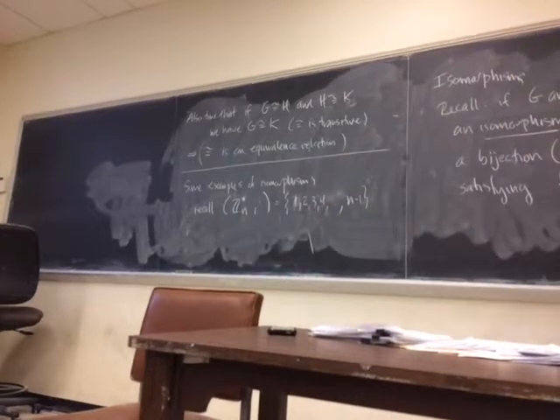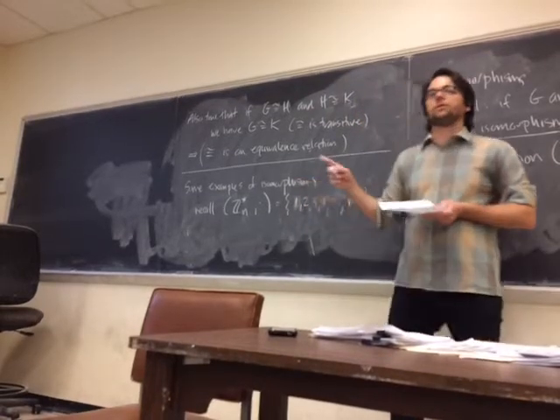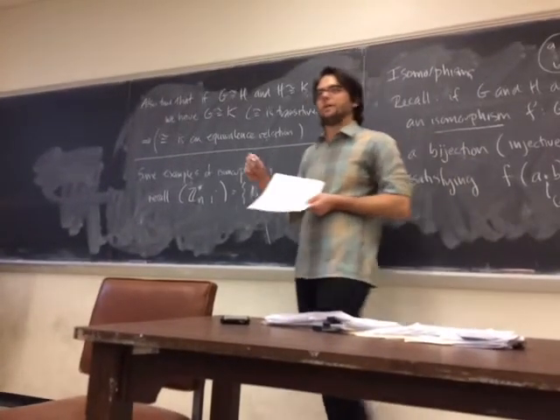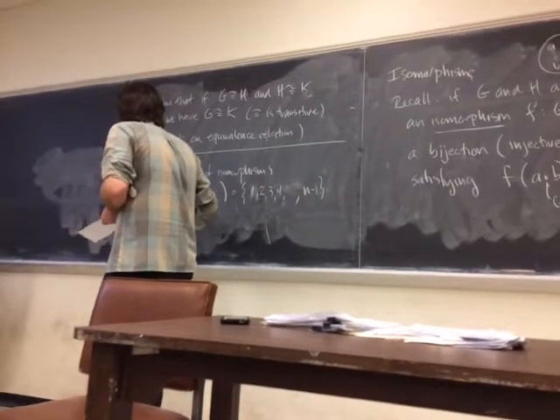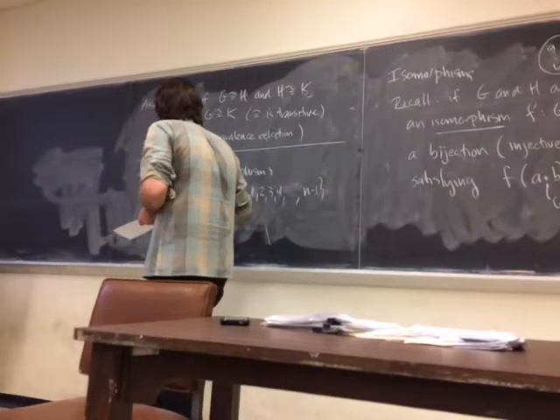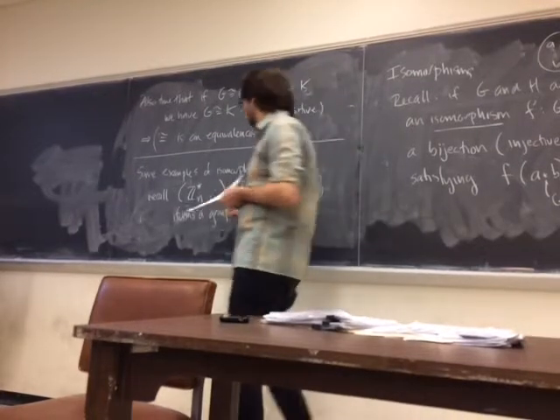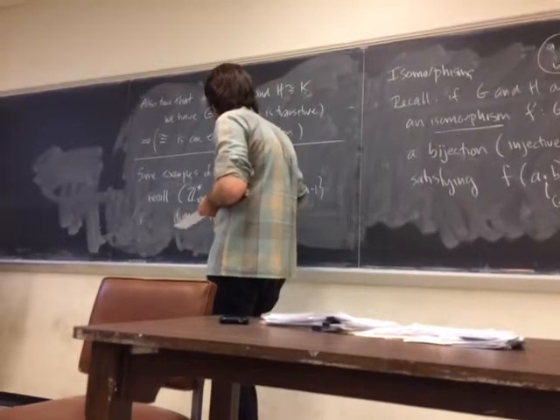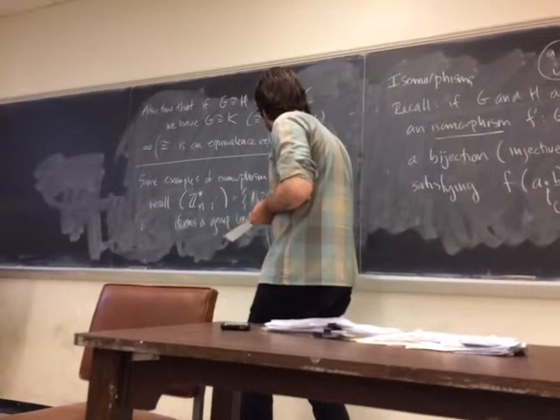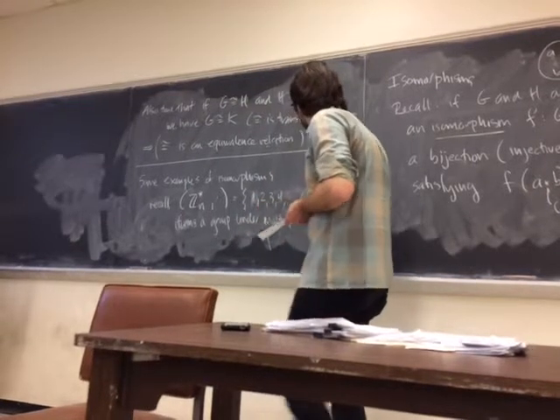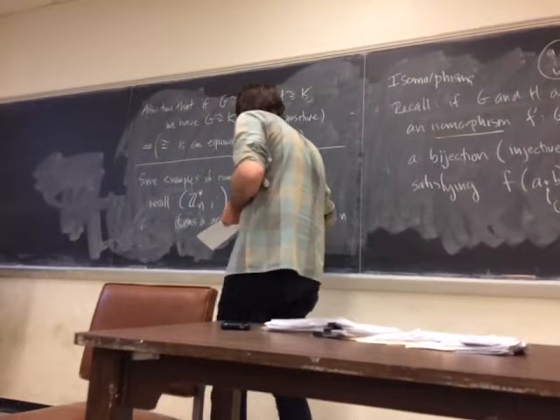I'm not sure if we explicitly talked about this or not, so that's why I'm doing it now. This forms a group if and only if n is prime. This is a group under usual multiplication, or modular multiplication, multiplication mod n, if and only if n is a prime.